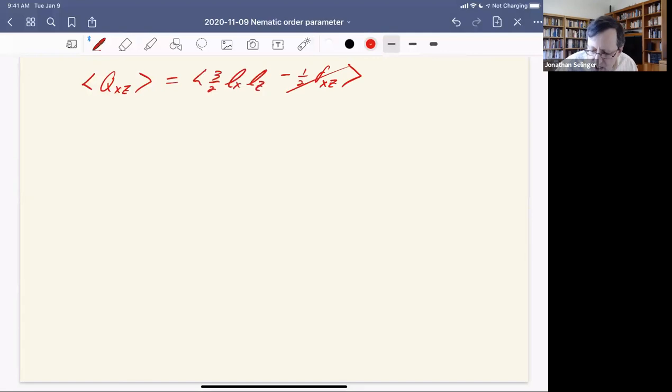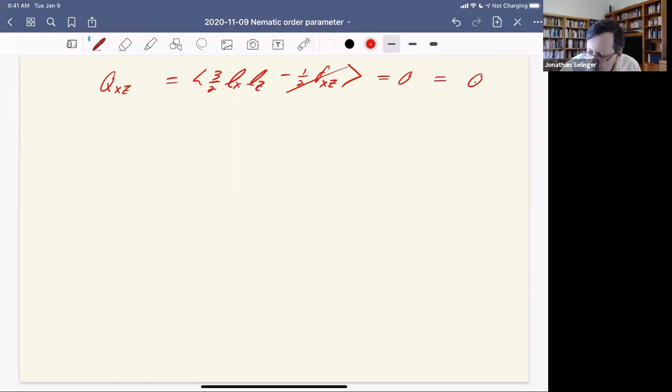Well, LZ could be positive or negative, and LX could be positive or negative, and it's not correlated with LZ in any way. So this thing is going to average to 0. By the way, I shouldn't have put those brackets here. That's better. So QXZ is 0.